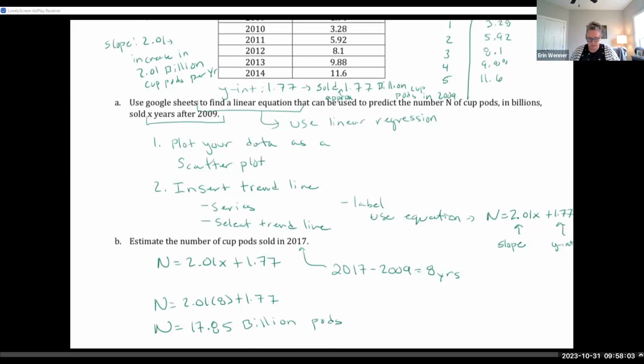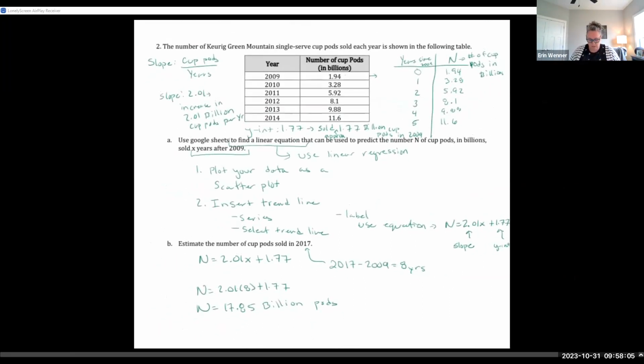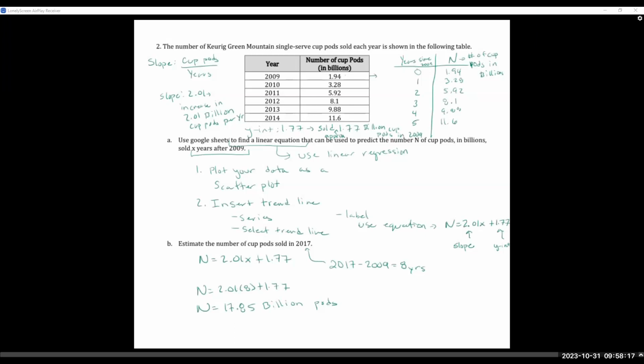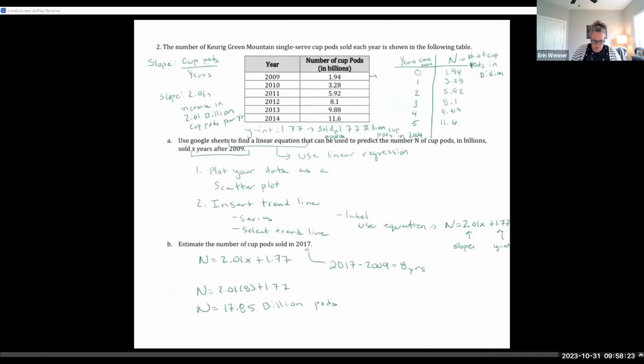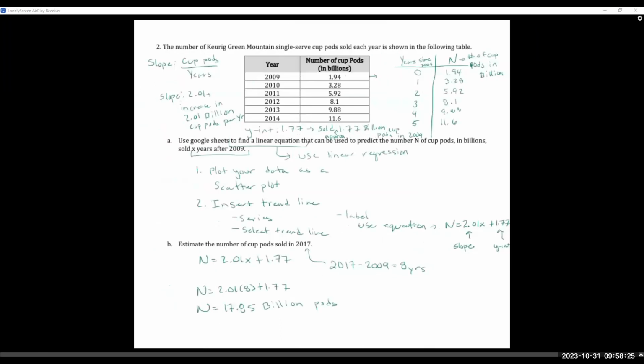Okay, so before I leave this, are there any questions about linear regression in Google Sheets? No, that makes sense. Okay. So, wait, I don't think I have what I want in here.